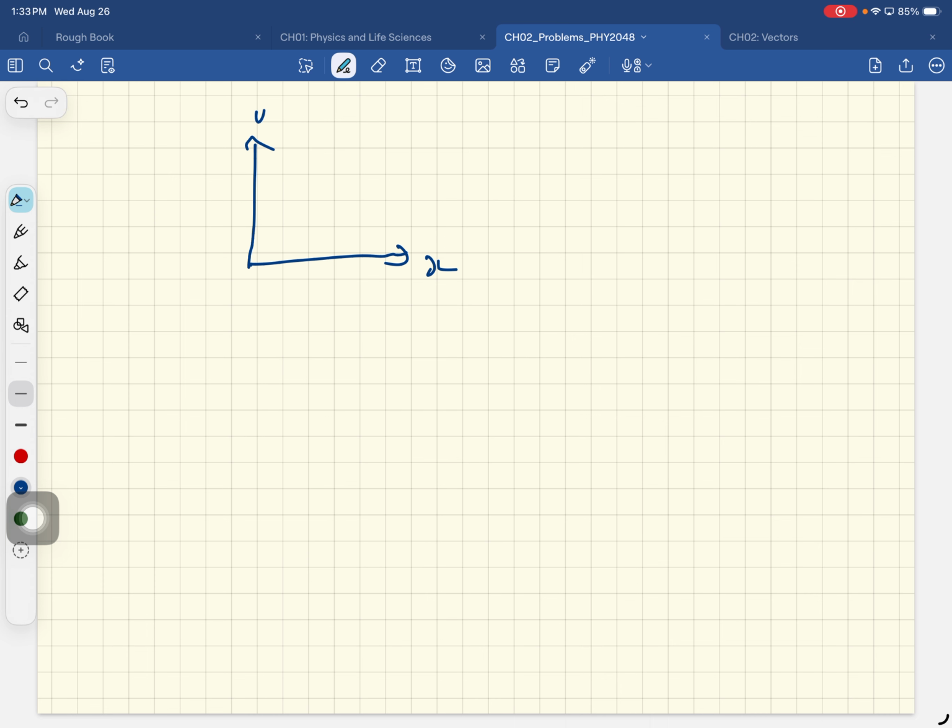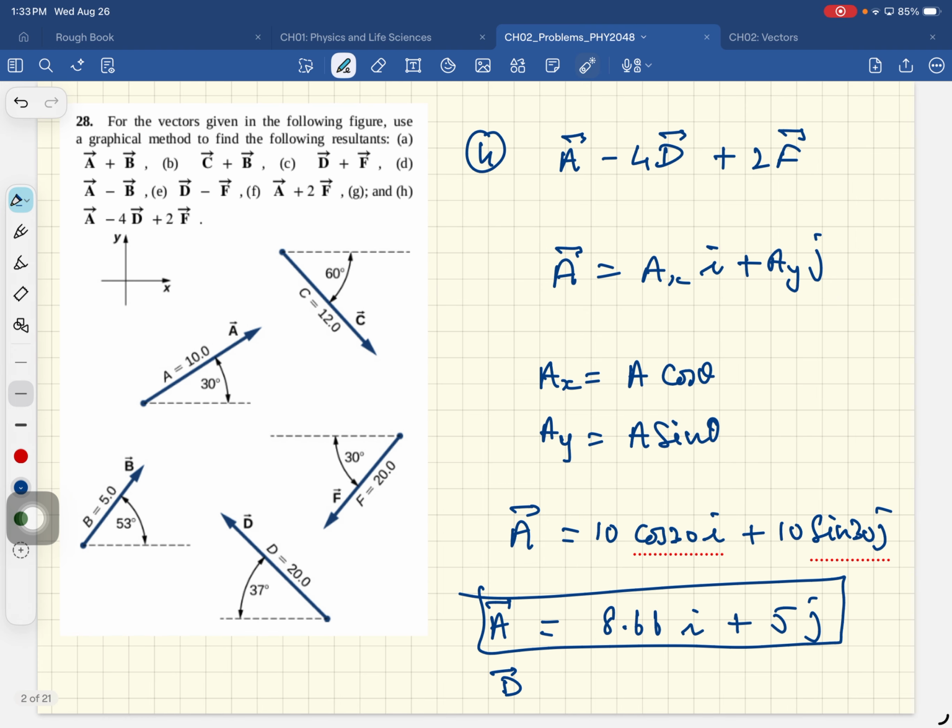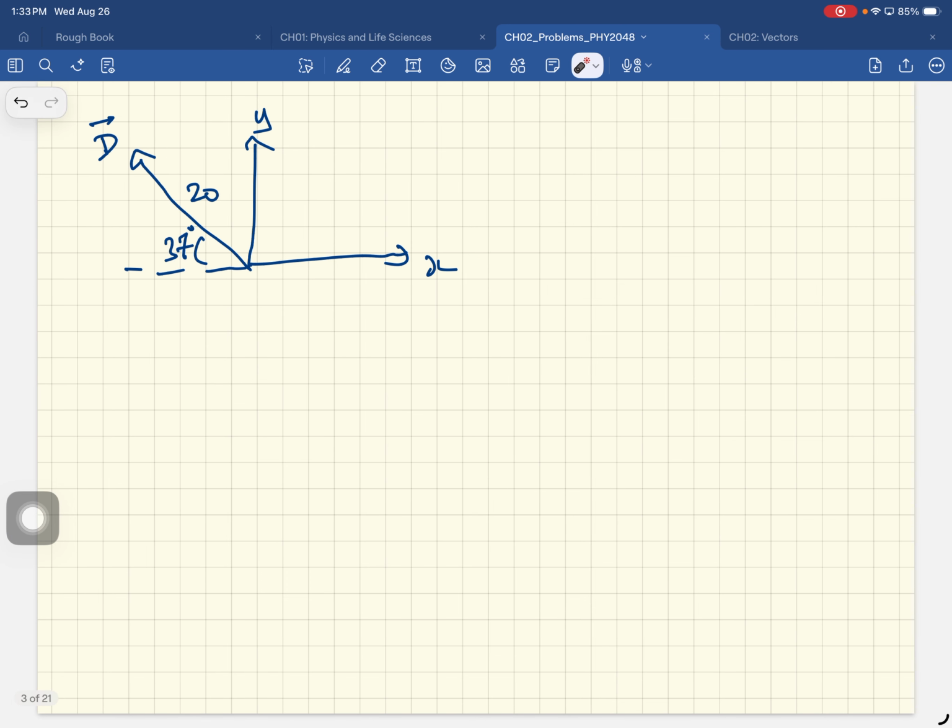F, and 20. All right, so the x component, this is the adjacent side. The magnitude of F is 20.